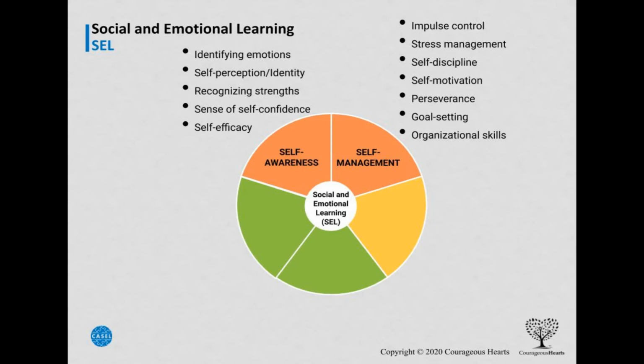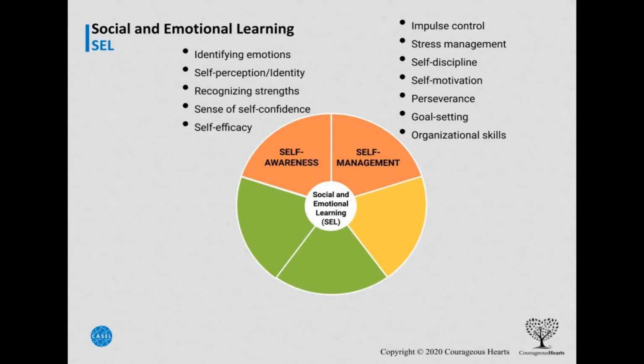What's interesting about these two is that in order to do some of the self-management, you need some of the self-awareness. For example, in order to manage an emotion, you have to be first aware of that emotion.